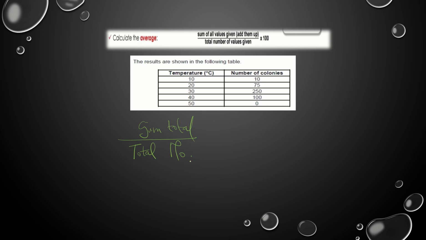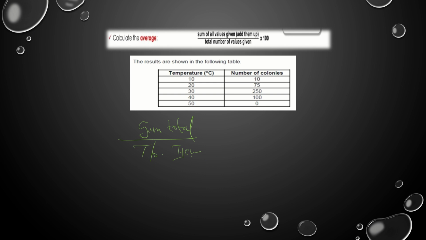What do I mean here? I'm saying the sum of each and everything which is here, divided by how many items are there. So we can just rewrite this: divide by number of items.